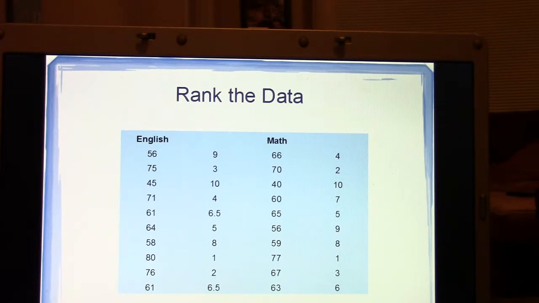We do the same thing with the math scores. Our lowest test score is that 40, so it gets the highest rank, a 10, and our highest test score is a 77, so it will get the lowest rank of a 1. I know it can be confusing, but if you work through this data again, you will understand how you get the rankings.